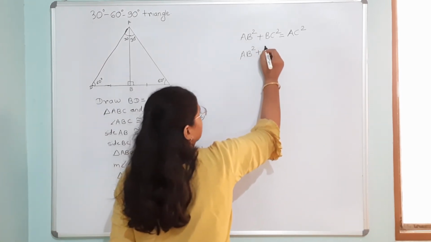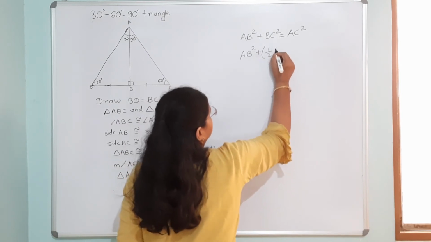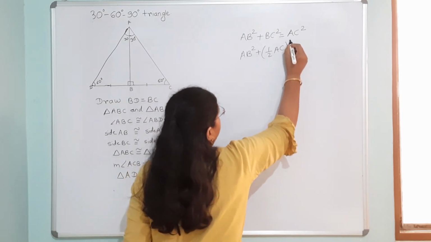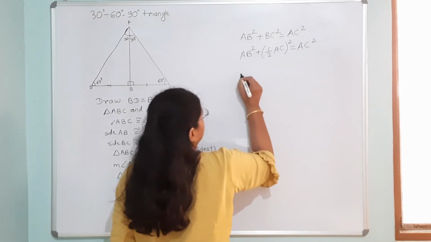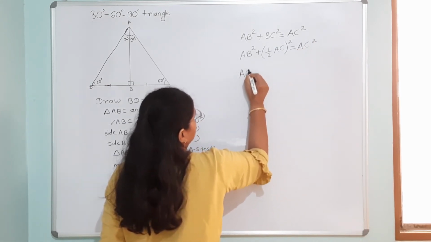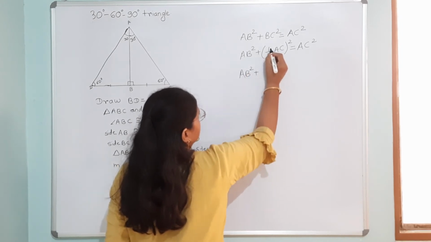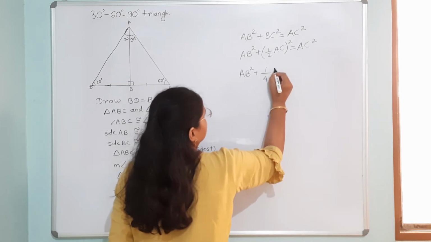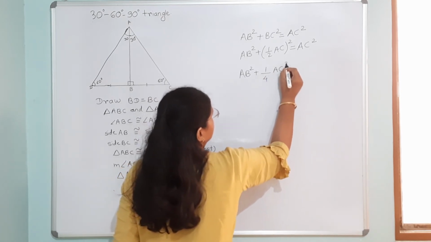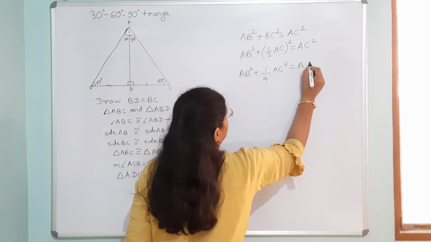Therefore, for BC we replace by 1 upon 2 AC, bracket square, equal to AC square. Therefore, AB square plus square of 1 is 1, square of 2 is 4, AC square equal to AC square.